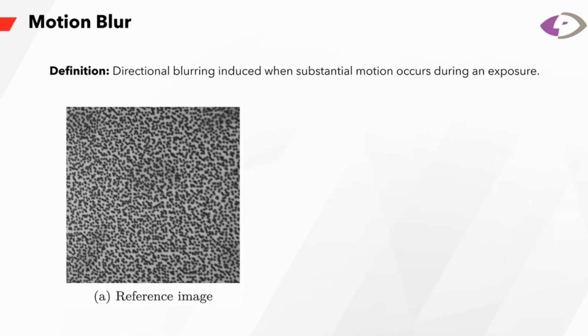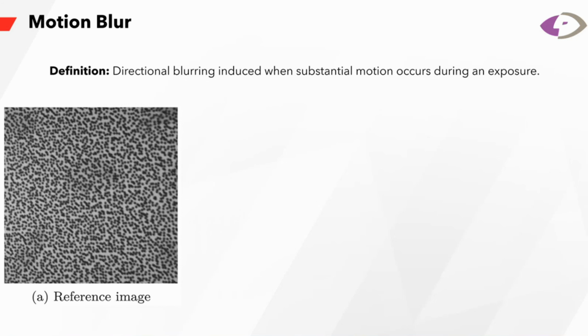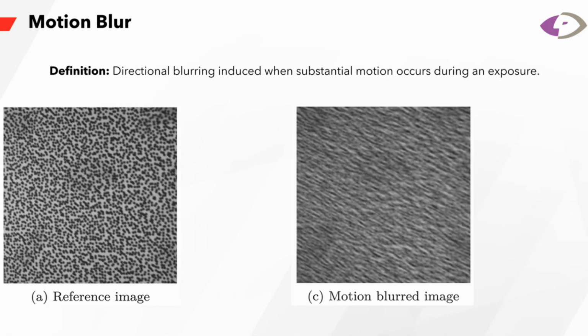So what does motion blur look like, and what is it defined as? It's defined as a directional blurring induced when substantial motion occurs during an exposure. If that's our reference image, let's pretend it's static, not moving, and we take a picture of that. Then we record some video, and you see some of the frames have an extreme amount of blur in there. This is a motion blurred image.